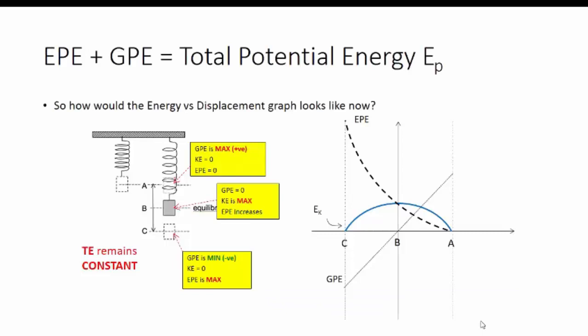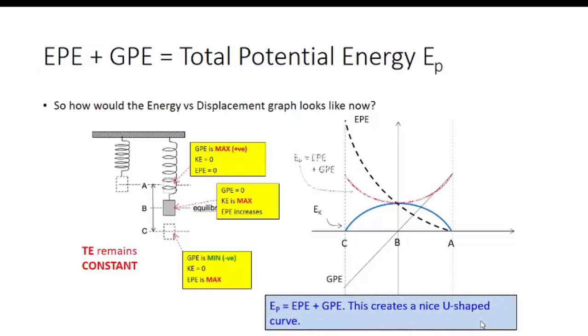So you add up the dotted EP curve plus the straight line graph of GP, and you end up with another curve, which is shown here.